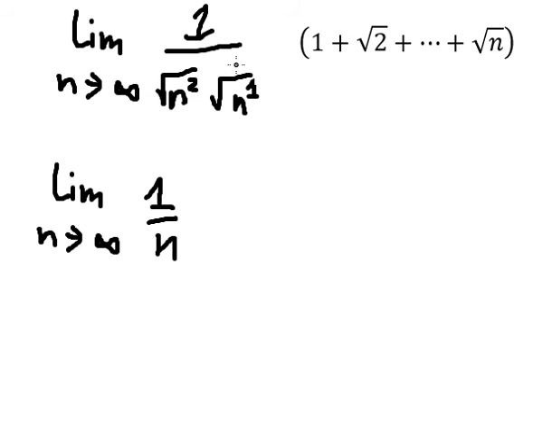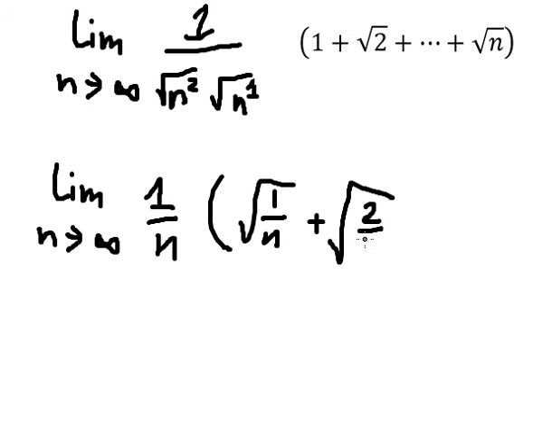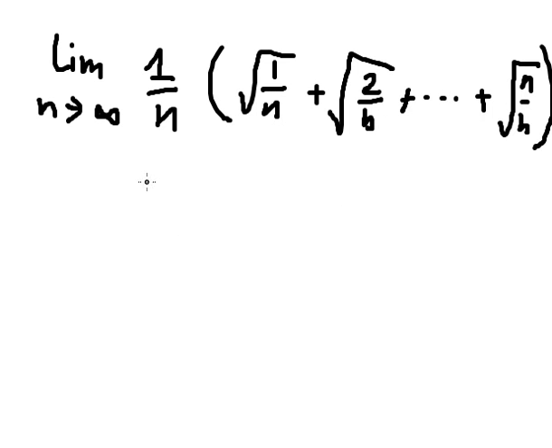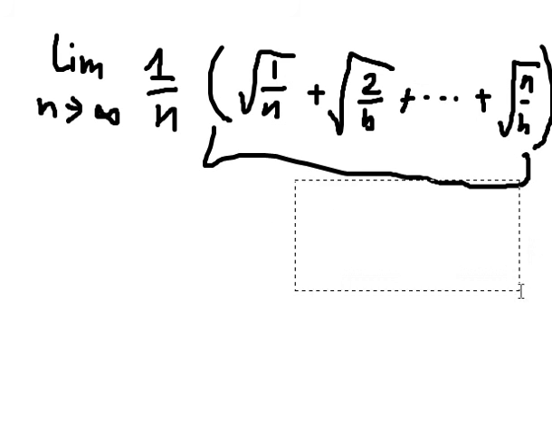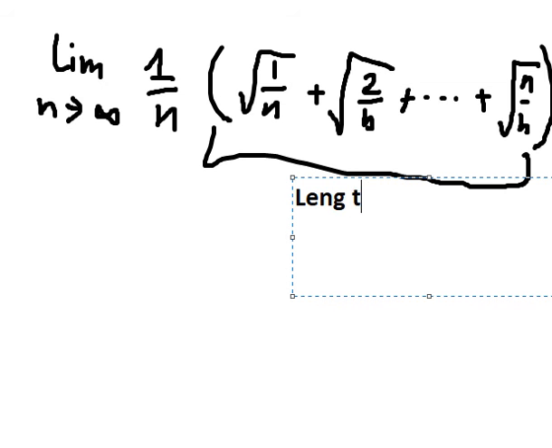So this one will distribute for this one. So we have like this. So if we look carefully, this one, that is about the length of the rectangles.